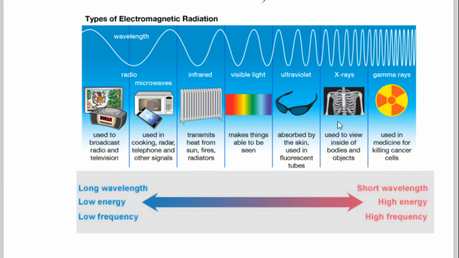So here we focus on energy. As you go on increasing the frequency of electromagnetic waves, they have a short wavelength in millimeter, centimeter, and a very high energy. So I think you understood.